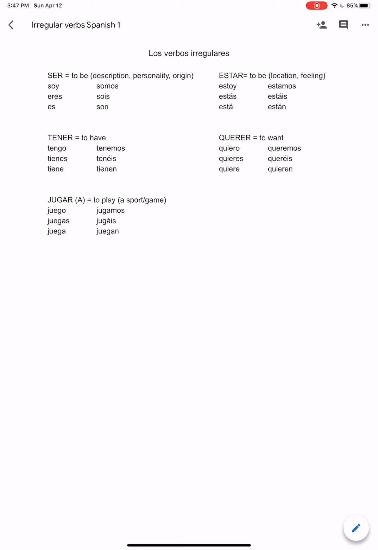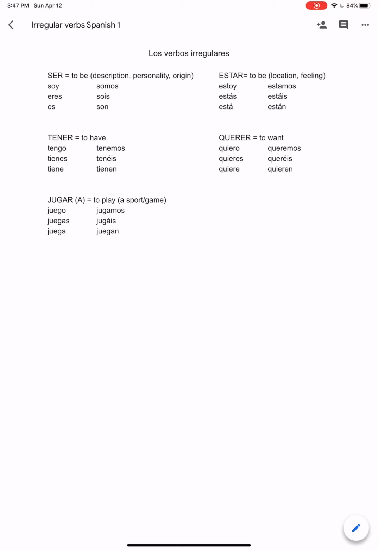The next verb is the verb tener, which means to have. This verb is called a go verb, if you remember, because in the yo form, it ends in the letters G-O. So for yo, we have tengo. Then in a couple of the other forms, you see that there's a stem change.